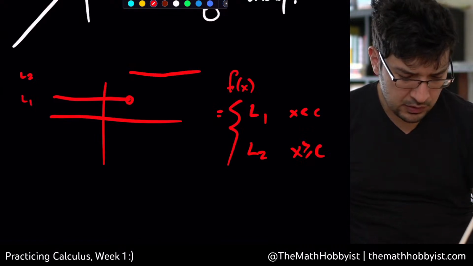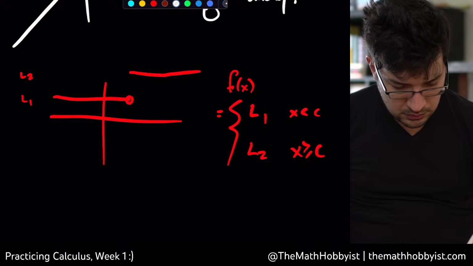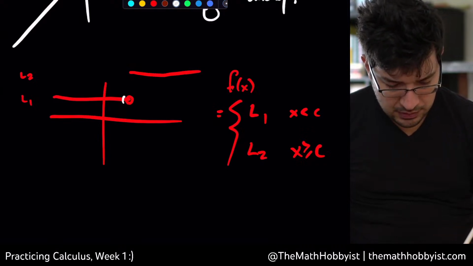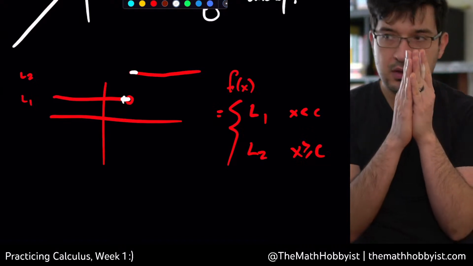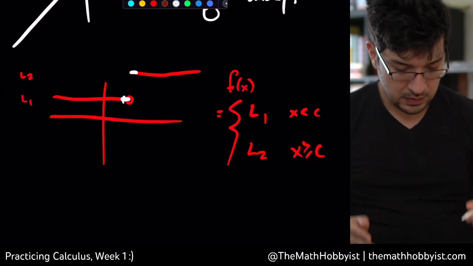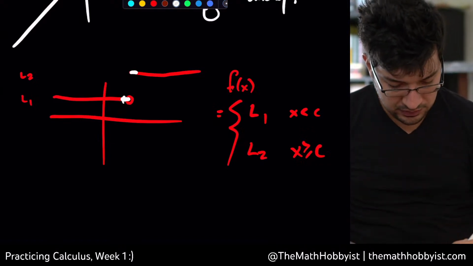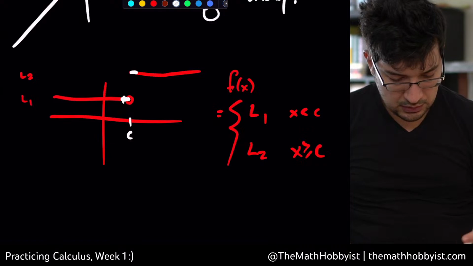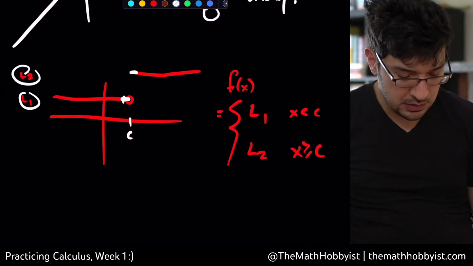Well, this function does not have a limit at that point, because it's not true that all values near the point C equal either L1 or L2.